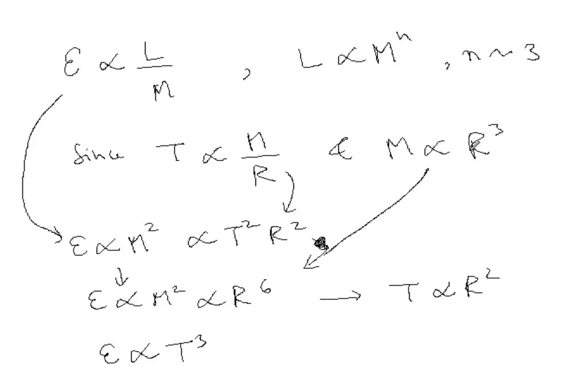So mass is proportional to R cube, and this gives M square is proportional to R to the power 6. And now from these two scalings we get T is proportional to R square.